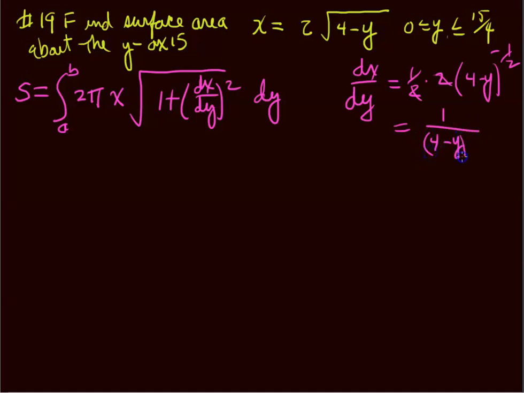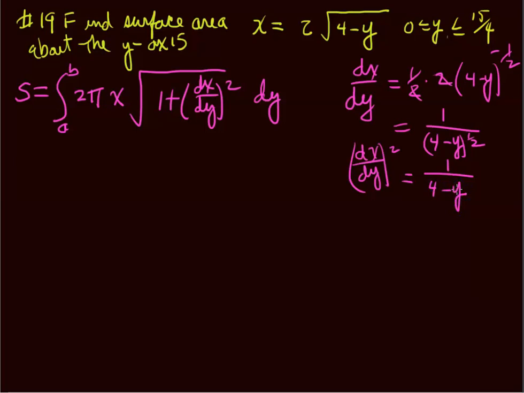That's what dx dy is, but we don't want dx dy, we want dx dy squared. So if we square this, the 1 doesn't change, but the 4 minus y to the 1/2 becomes 4 minus y.